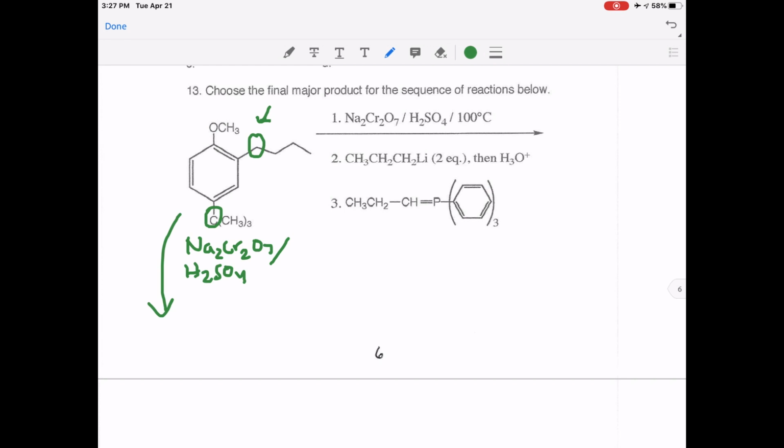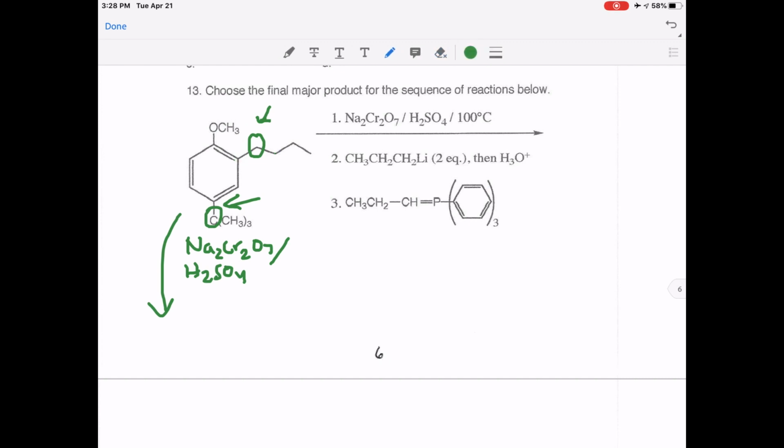In the case of the bottom alkane, that benzylic position is completely substituted, because it's attached to 3 methyl groups and 1 phenyl group. That means that oxidation would be very difficult at this position. So the oxidation only occurs right over here.